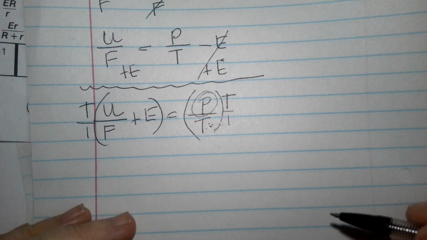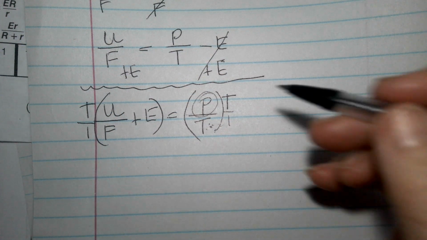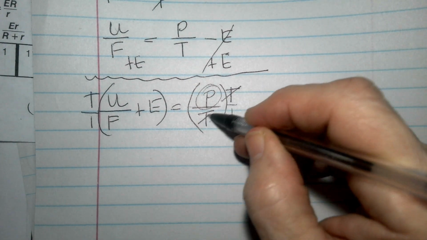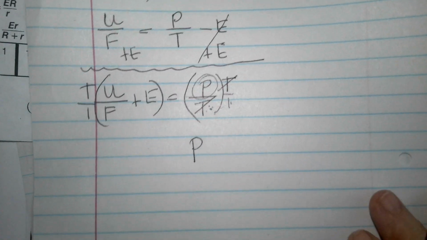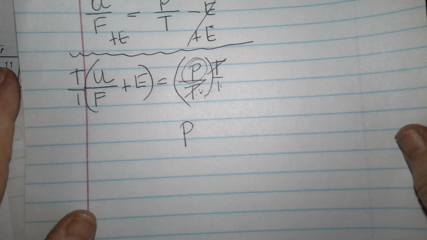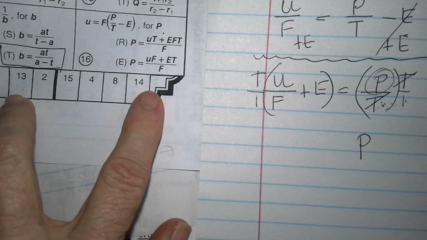Oh, I thought this was going to be easy, Paige. It's not. So T divided by T is 1. P divided by 1 is P. We've got our P all by itself. But when I look over at my answer, I don't see anything with the parentheses.